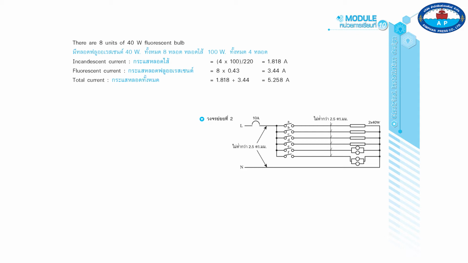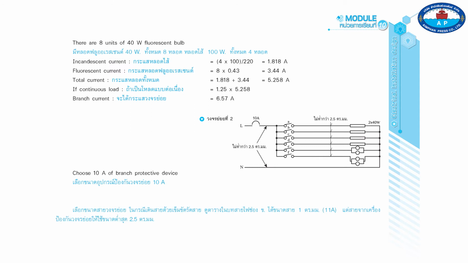Total current is equal to 1.818 plus 3.44, which is 5.258 amperes. Treating it as continuous load, 1.25 times 5.258, branch current is equal to 6.57 amperes. Choose a 10 ampere branch protective device.